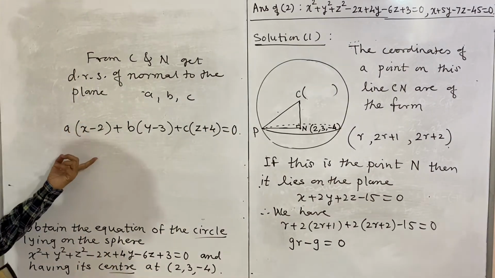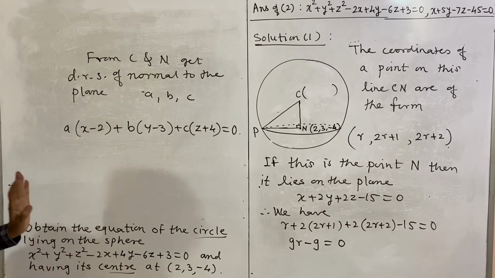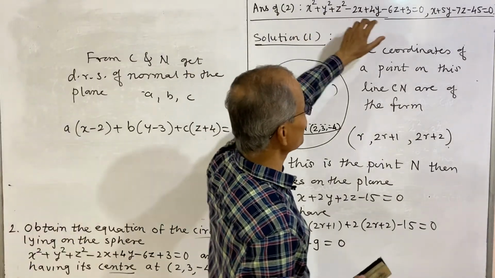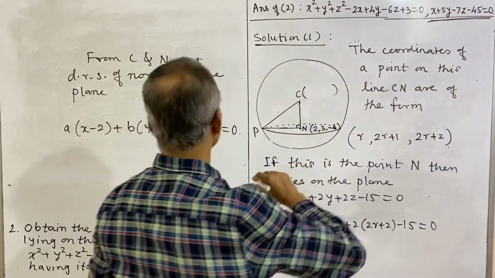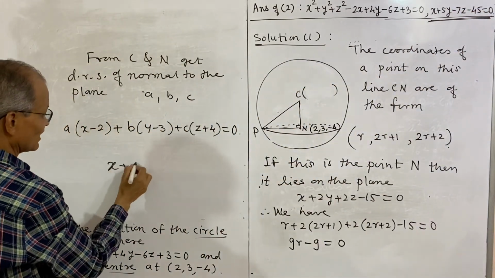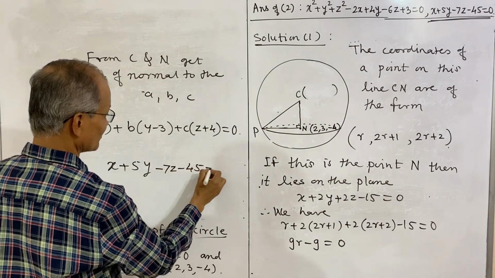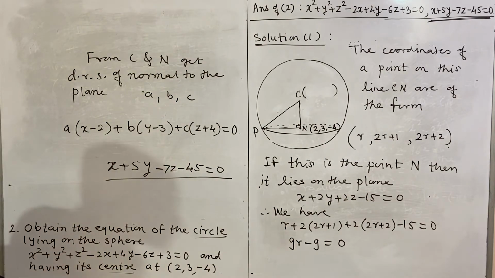This is the equation of the plane, and this plane and this sphere together represent the circle. The sphere equation is the same, and we only have to get the equation of the plane, which is x plus 5y minus 7z minus 45 is equal to 0. Only this we have to obtain in the solution of the second problem.